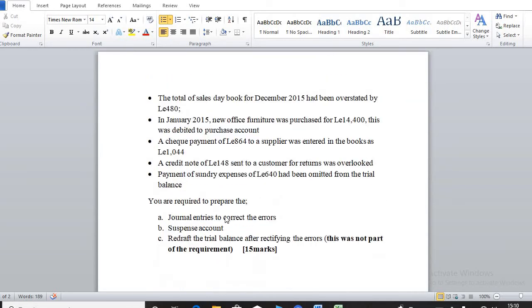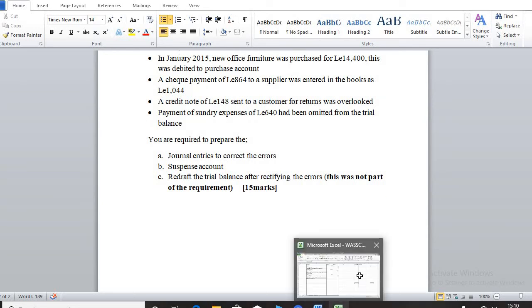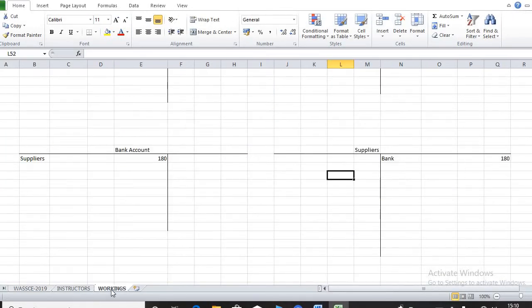So as I said, you have to identify the accounts in the records. When you do that, you analyze the impact of the mistake committed on those accounts. Then you use the double entry principle to rectify those ones. So now that we've identified those things, let's go to our solution board and start with our workings.